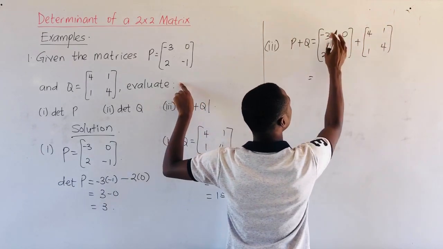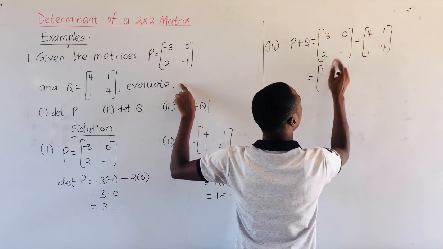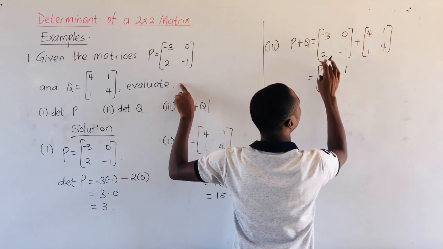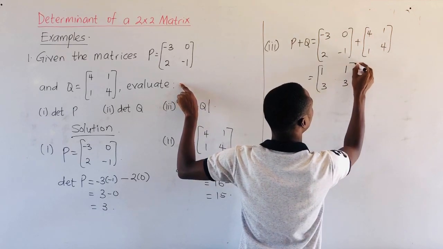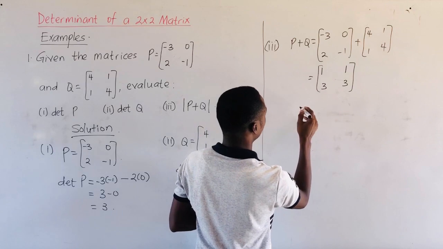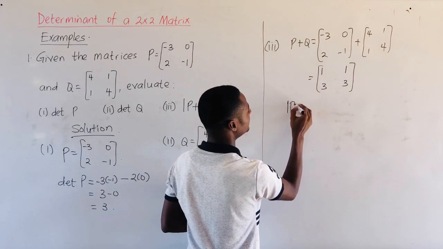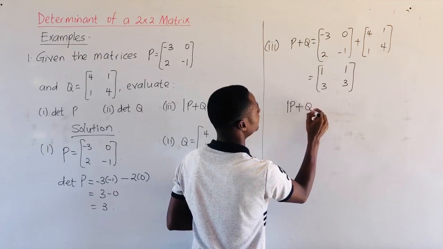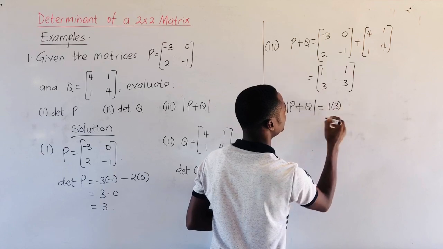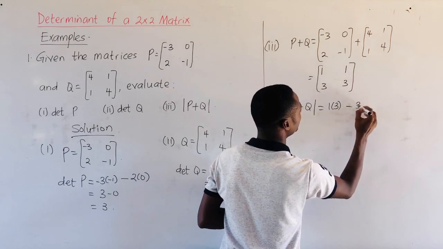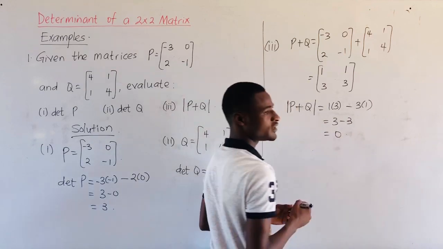And that is equal to, we add, and this will give us 1, 0 plus 1 is 1, 2 plus 1 is 3, negative 1 plus 4 is also 3. So that will give us the P plus Q. Then the determinant for P plus Q will be the product of the leading diagonal 1 times 3 minus the product of the minor diagonal 3 times 1, 3 minus 3, and that is equal to 0.